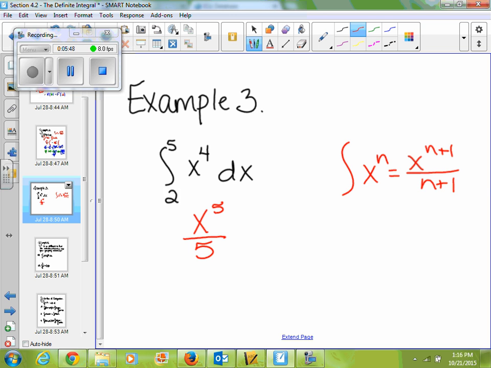So I get x to the 5th divided by 5, and I'm going to evaluate that from 5 to 2. If I plug in my upper limit 5, I get 5 to the 5th divided by 5. And if I plug in my lower limit, I get 2 to the 5th divided by 5.